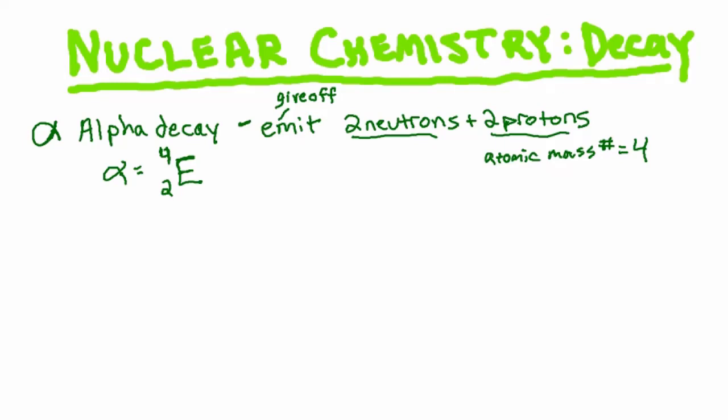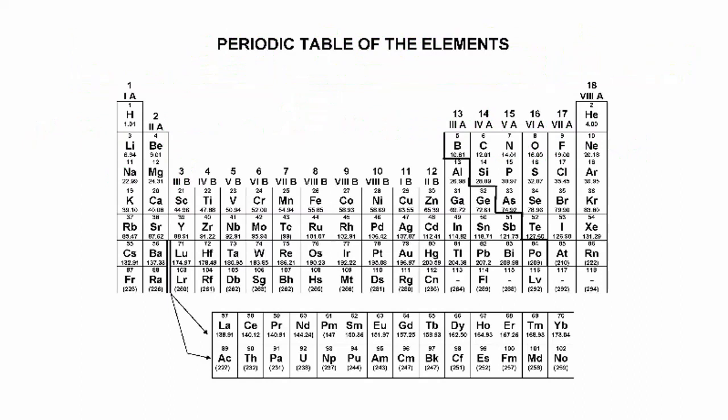Now, what happens if you look on the periodic table? 2 protons is going to be this 2 up here. That's its atomic number, which is equal to the number of protons.